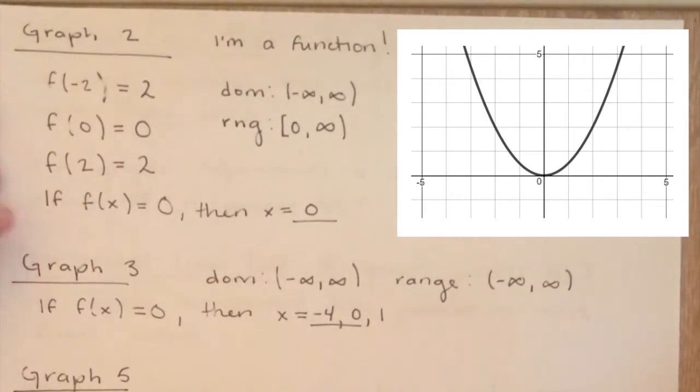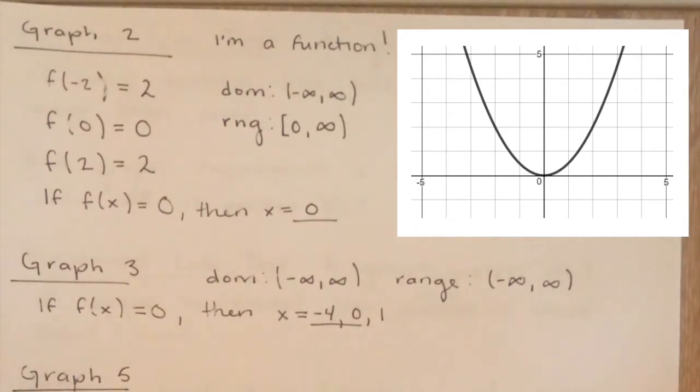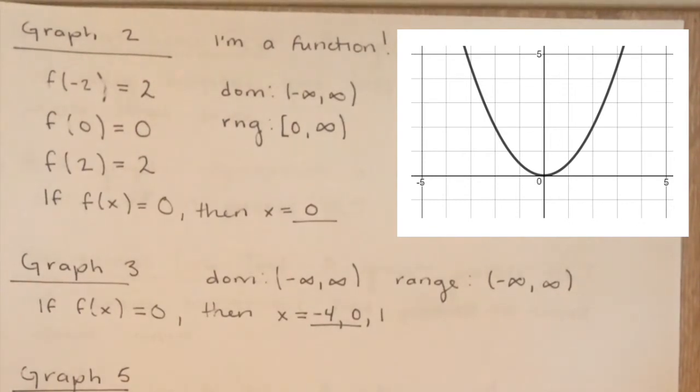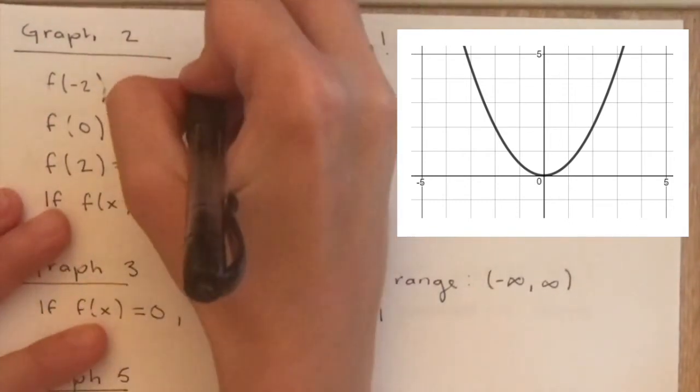Is it one-to-one? If we pass any horizontal lines through it, what happens? Most of them hit it twice, right? A lot of them hit it twice. So I'm not one-to-one.